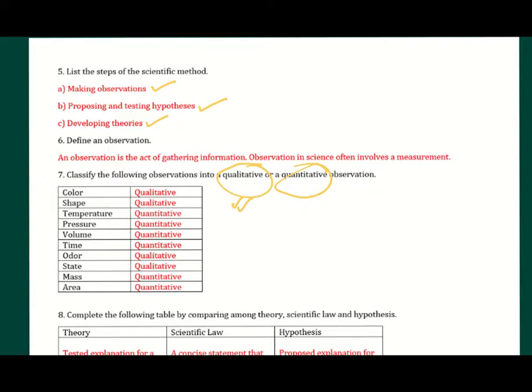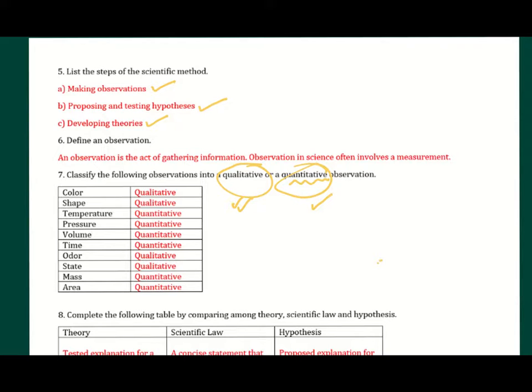But if I say that the table measures 70 centimeters, or 1 meter, these are measurements. So if it has a measurement and a unit, it's a quantitative observation. If I say my bag weighs 2 kilograms, it's a quantitative observation. But if I say my bag is beautiful, this is a qualitative observation.